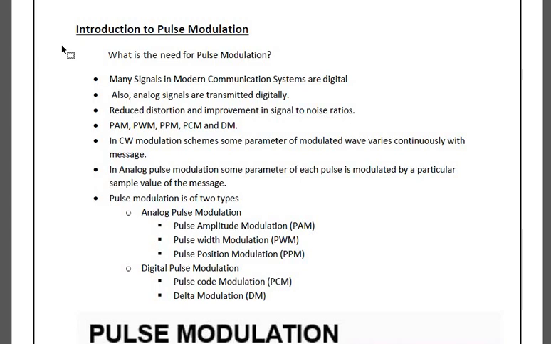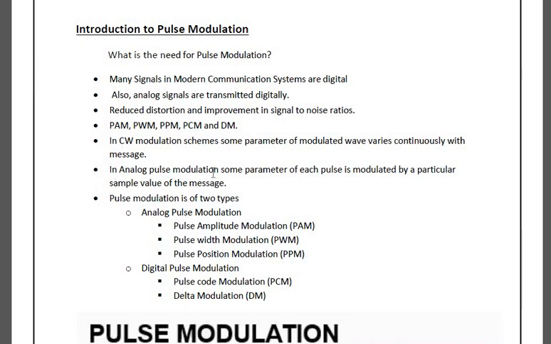The amplitude of your carrier signal is varied in accordance with your message signal. Then the frequency of your carrier signal is varied in accordance with your message signal. Similarly, the phase of the carrier is varied. So in continuous wave modulation schemes, parameters like amplitude, frequency as well as phase of the modulated wave vary continuously with your message signal.